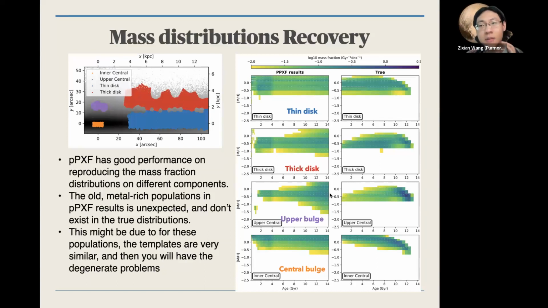So it is better not to add a prior when you do the fitting, because different galaxies can have very different signatures. If you add a prior, you don't know if you make your result more biased or more towards the correct answer. So there is a risk when you have some prior. That's why people think it's better to add no prior, just let pPXF go freely and see what result you get.